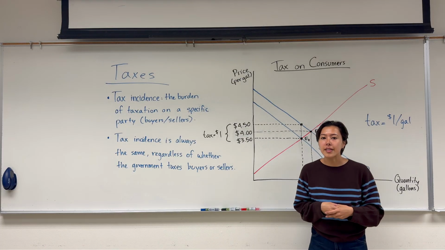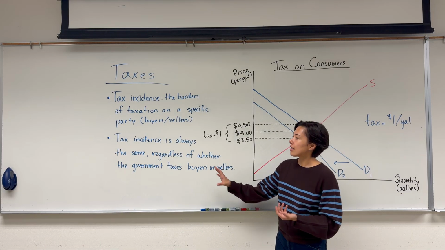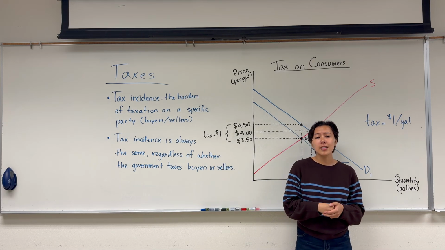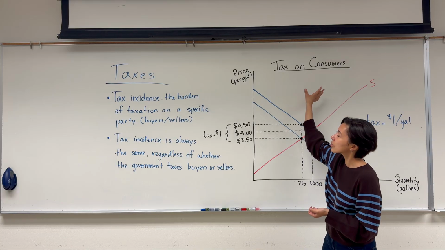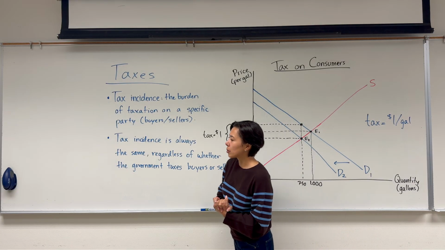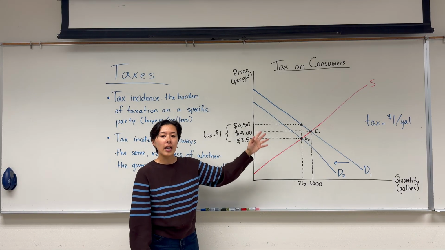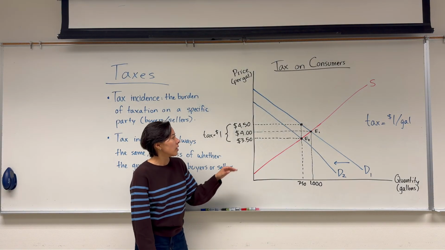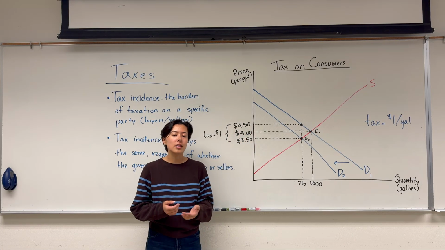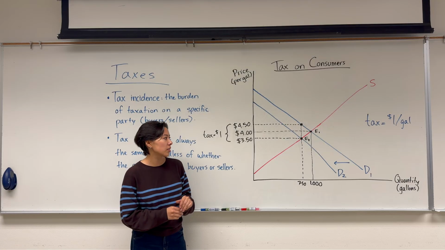Now, the interesting thing about tax incidence is that tax incidence is always going to be the same regardless of whether the government is putting that tax directly on consumers or directly on producers. So if you go back and look at our graph of our gasoline market with the tax on producers, you'll see that we have this same split or same share of the tax between our buyers and sellers.